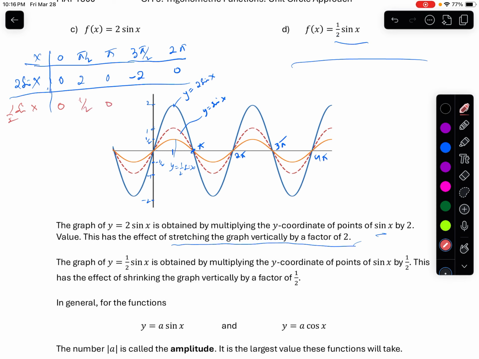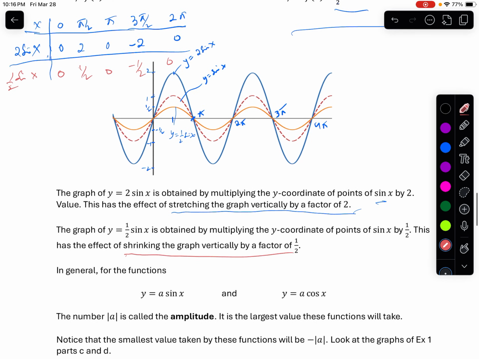When it's -1, it becomes -1/2. By looking at the graphs, it seems like the graph of sine x has shrunk. There is a shrinking going on in the graph. So we say it is the effect of shrinking by a factor of 1/2.